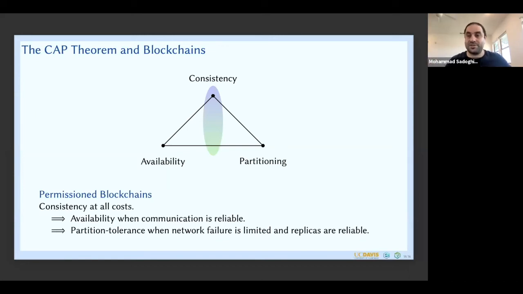Of course, consistency is the prime thing. If consistency cannot be met, the system will stall. The system will not progress. So that's the key property of the permissioned setting or traditional consensus protocols. If consistency cannot be guaranteed, the system will indefinitely stall.